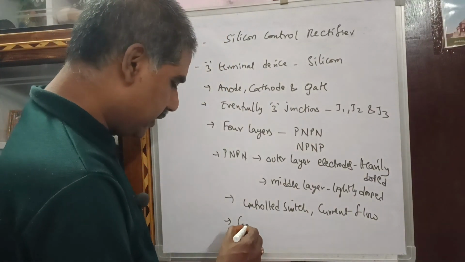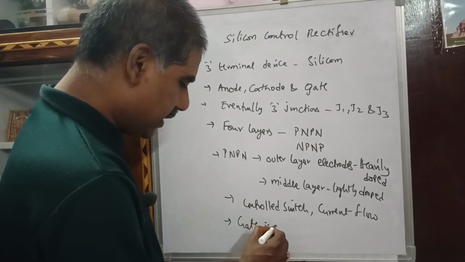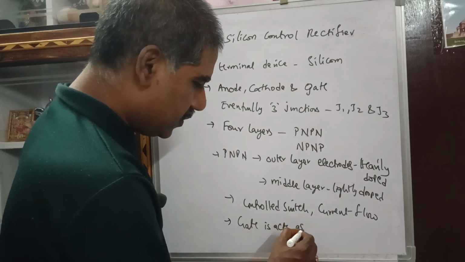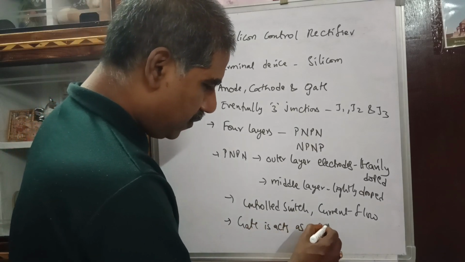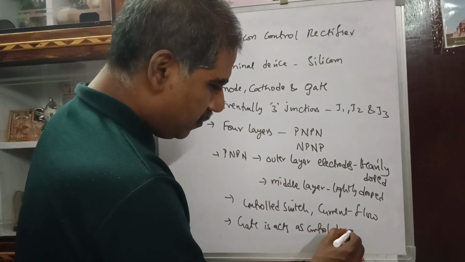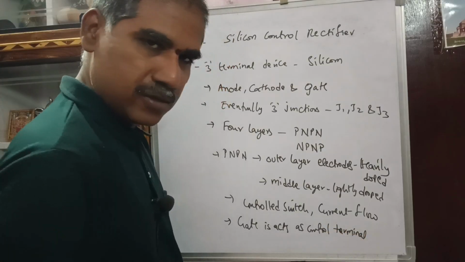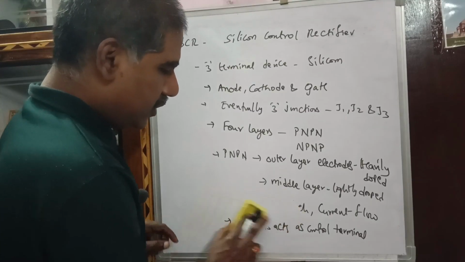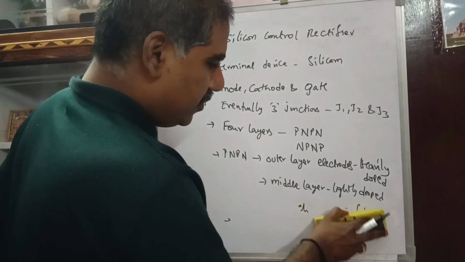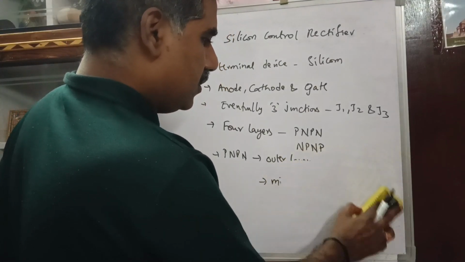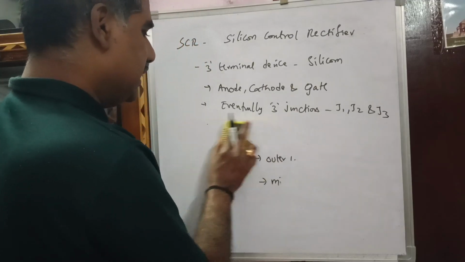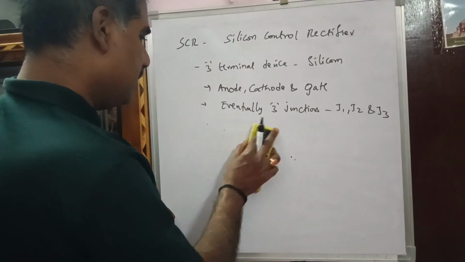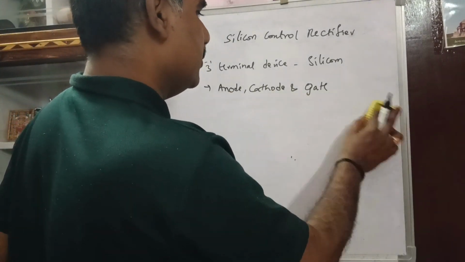In this, the gate acts as a control terminal for the flow of current. In an SCR, the anode is the positive terminal, whereas the cathode is the negative terminal.